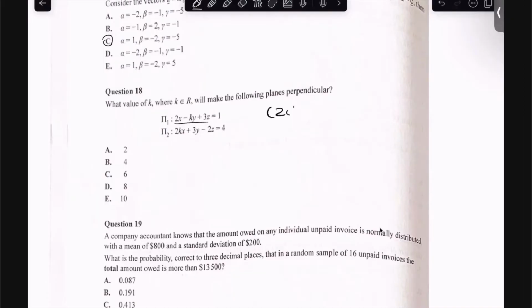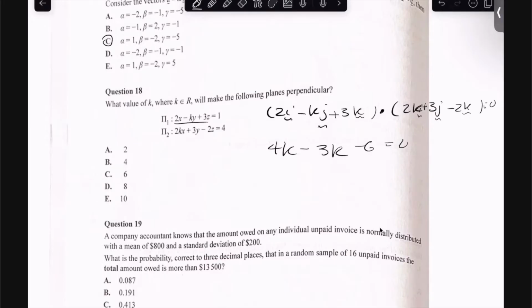So 2i minus kj plus 3k dot 2k plus 2ki plus 3j minus 2k. That should be equal to 0. So 4k minus 3k minus 6 is equal to 0. K is equal to 6, I think. Hope that's right.